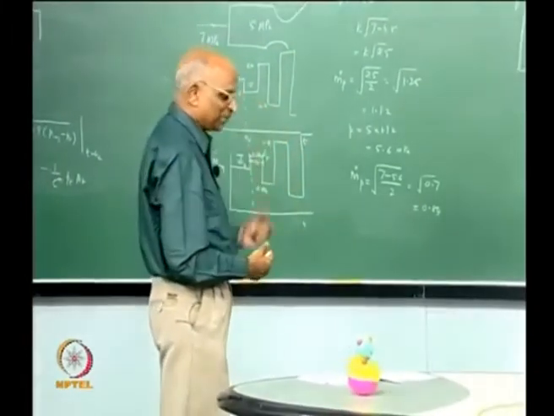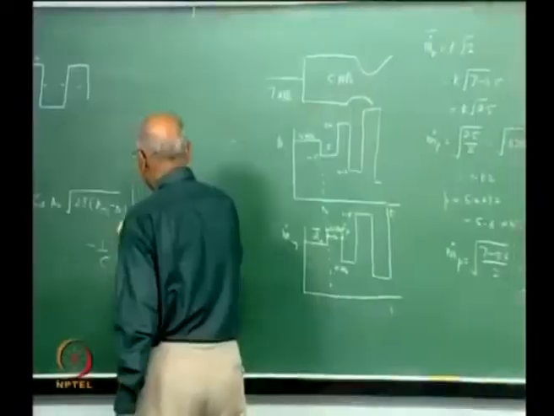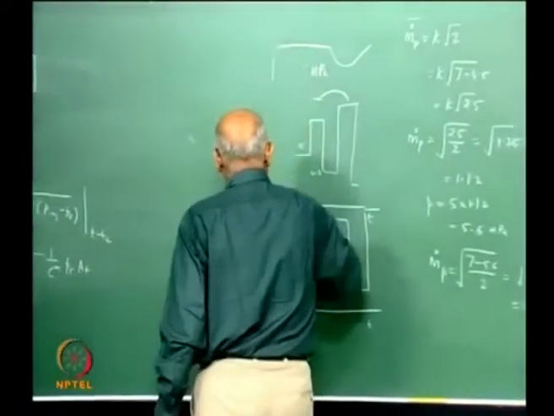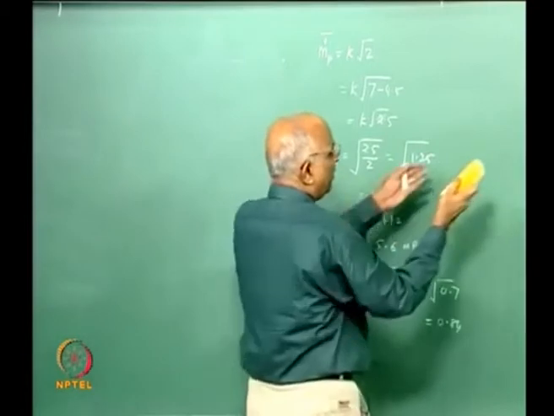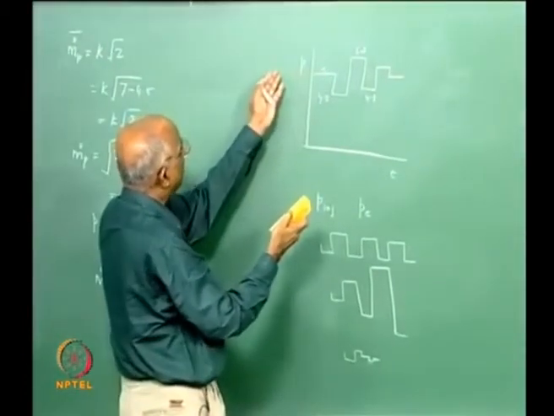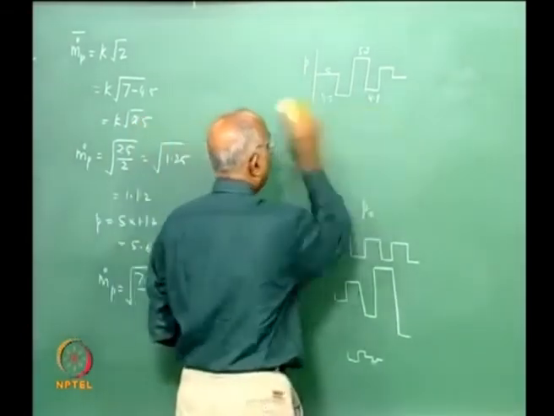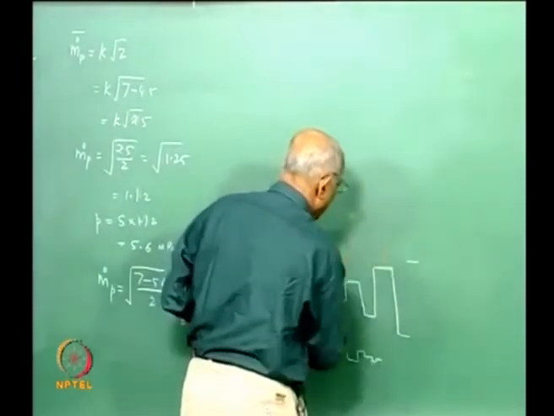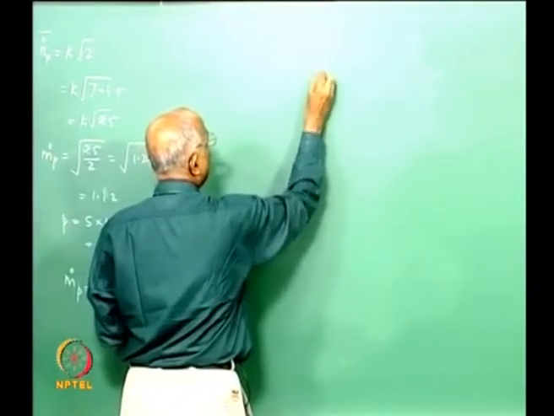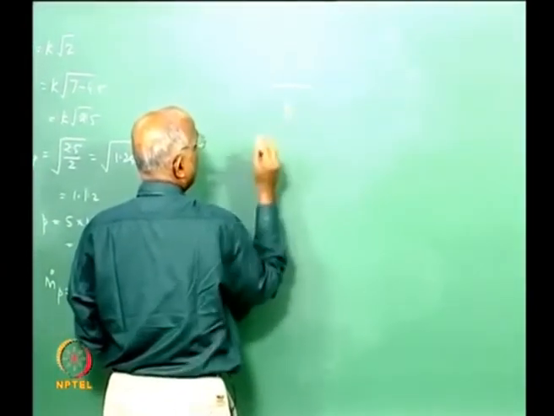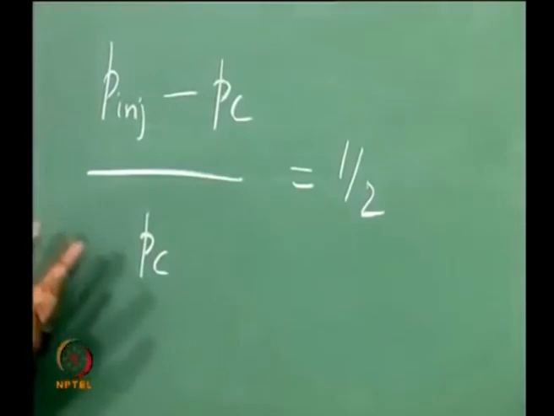Now let us try to understand this a little bit more, because I think it should be possible for us to write an equation. And what is the equation we had? This was the equation. Can we solve this equation and get some inferences? Because if I were to do it mechanically, with 5, 7, 5, 7.5, maybe 5, 9 and all that, I will find an equation like maybe when I have P injected minus the value of chamber pressure divided by Pc, if it is equal to half, I get neutral oscillations, provided I do a lot of trials.